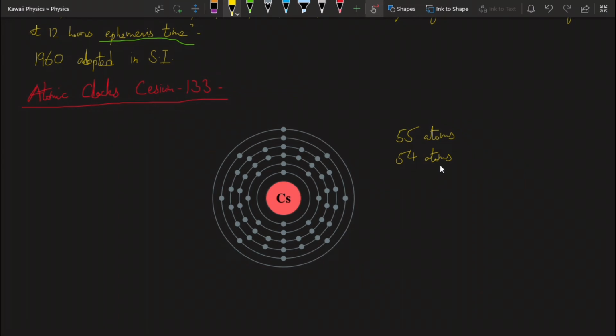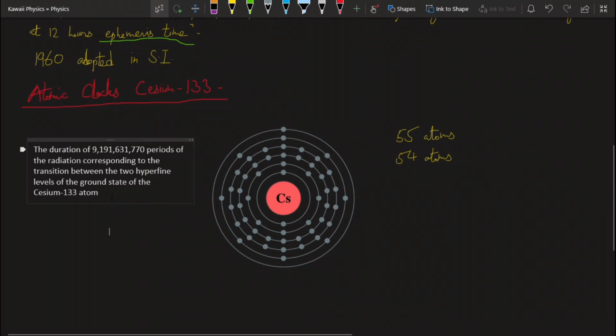First of all, I'm gonna show the definition, and according to the definition I will explain how it describes the method of defining the second. It says the duration of 9,191,631,770 periods of the radiation corresponding to the transition between the two hyperfine levels of the ground state of the Cesium-133 atom.